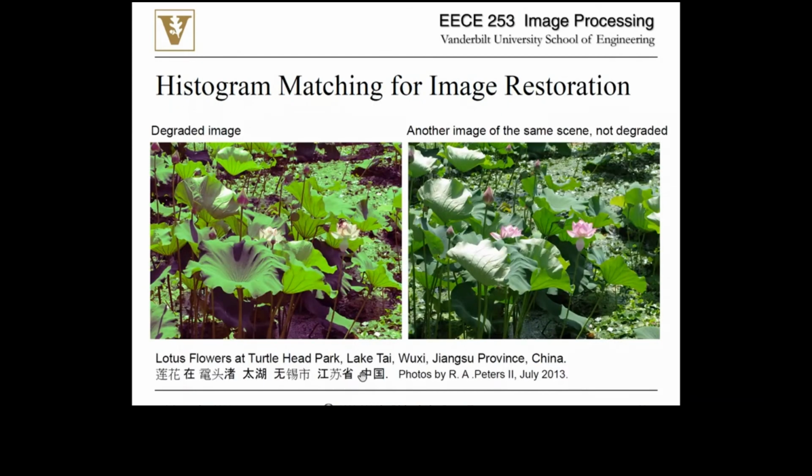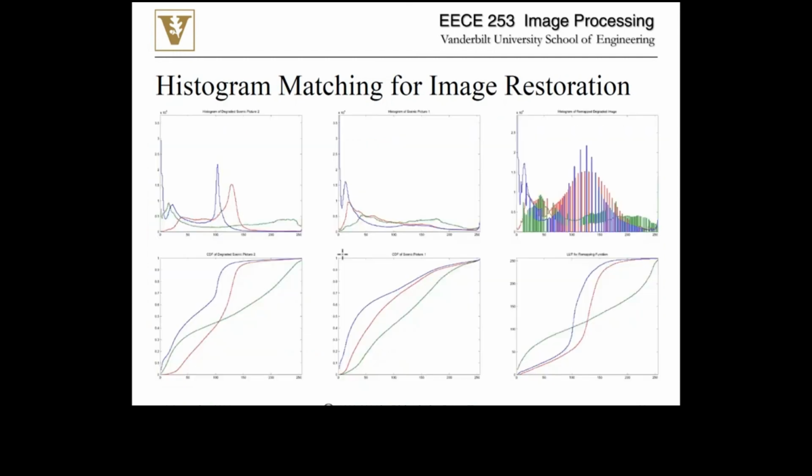And here is another example. Let's say that we have two pictures of the same kind of scene, but for some reason these colors have been degraded. Can we match these colors onto this one? This is the target, this is the input. And now we know the answer, we know how to do that.